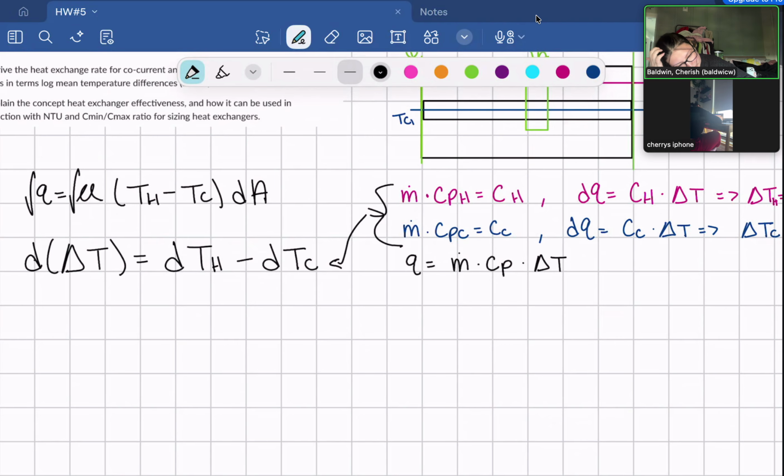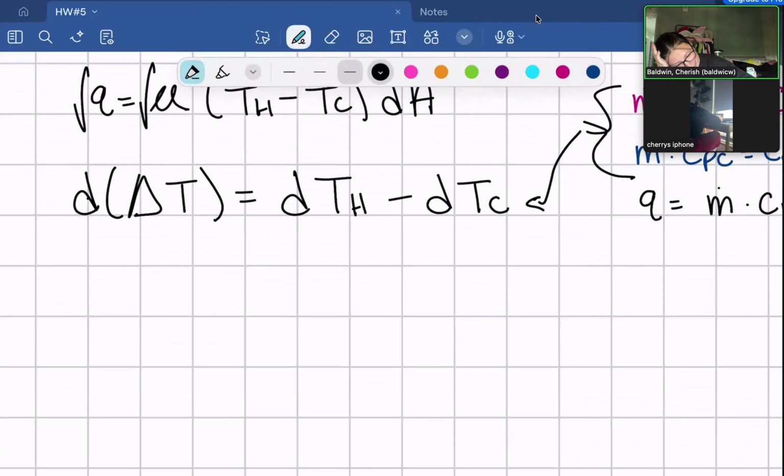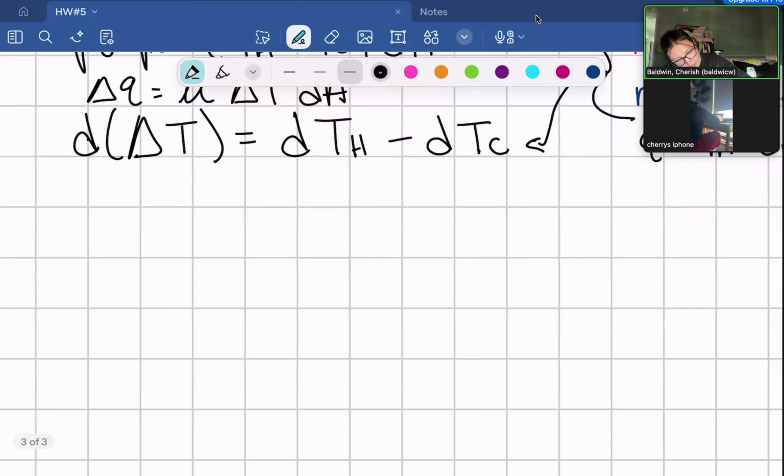Well, before we get to this, the first equation is dQ is equal to U delta T dA.